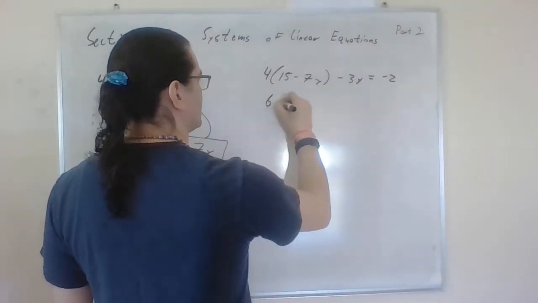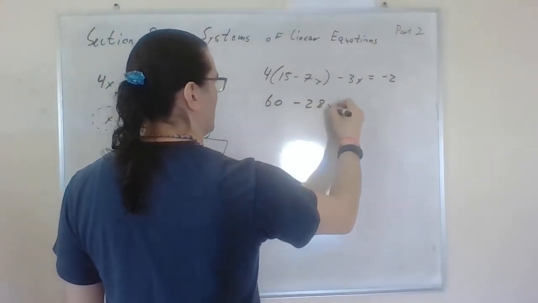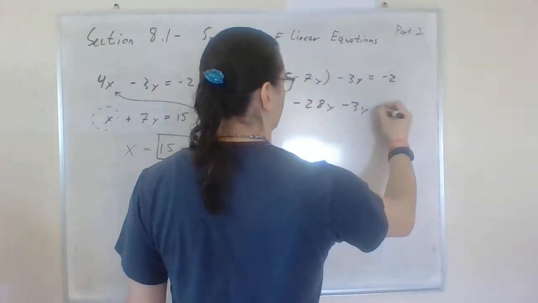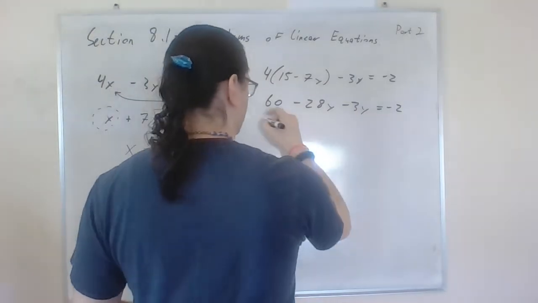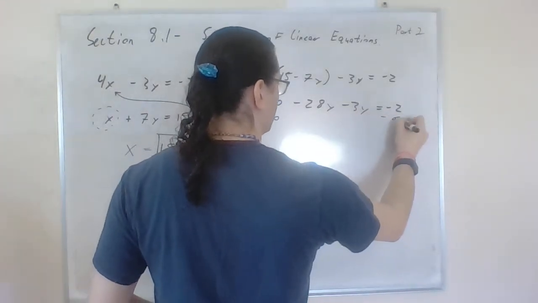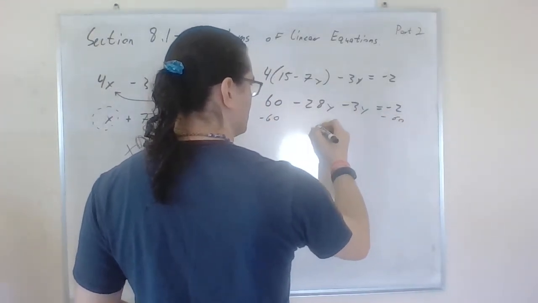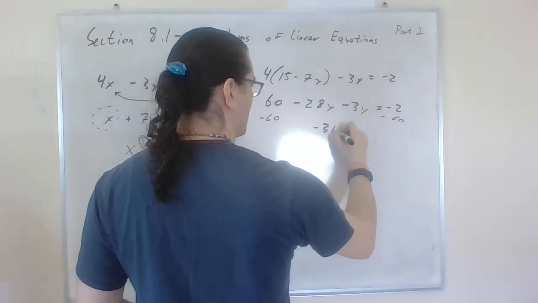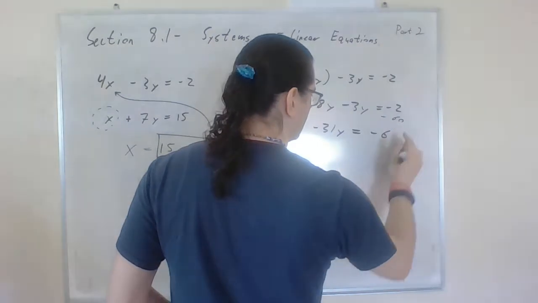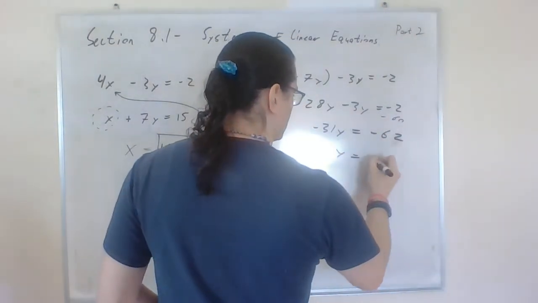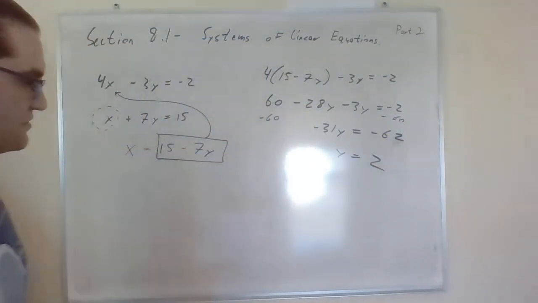So this is going to be 60 minus 28y minus 3y equals negative 2. So now I'm subtracting 60 from both sides and combining these like terms into negative 31y equals negative 62. So y is going to be a nice easy 2.